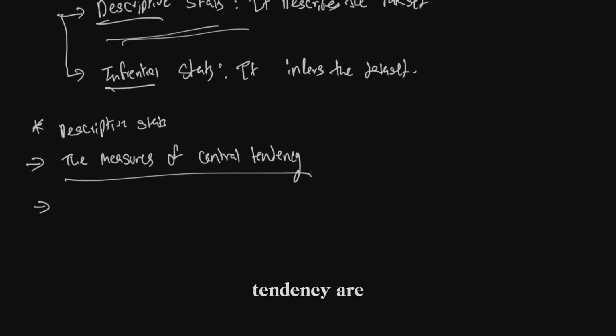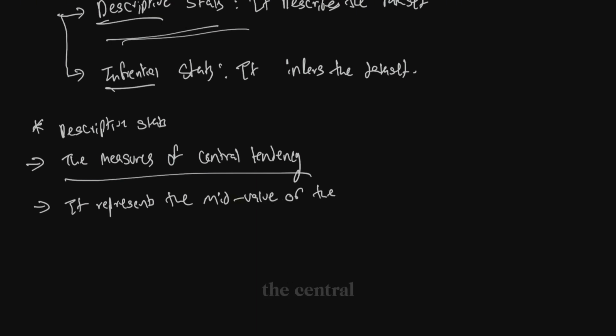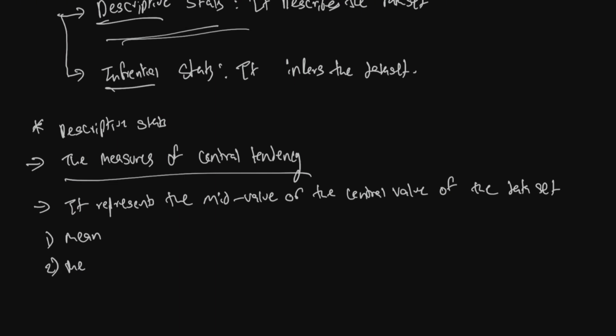The measures of central tendency are a statistic that represents the mid value or the central value of a large numerical data set. Now, you may have heard about the terms mean, median, and mode, right? So these three are the measures of central tendency.